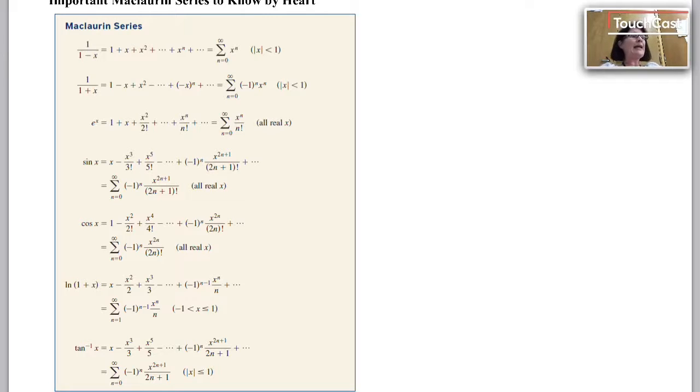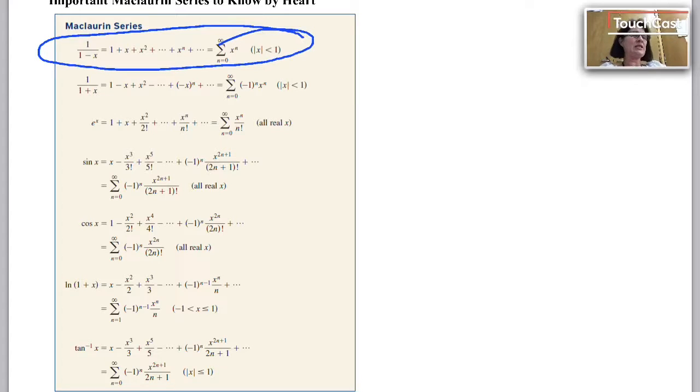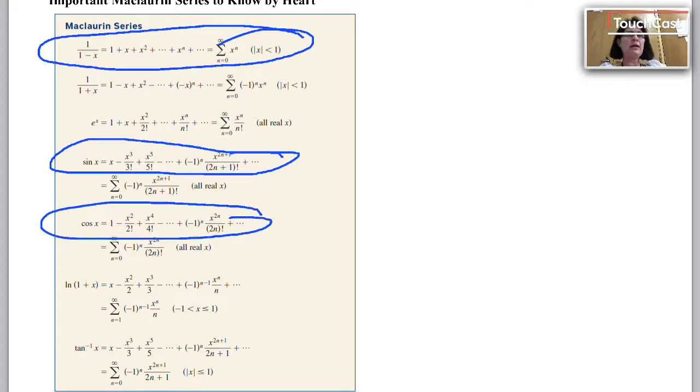Your life on the AP test will be easier if you remember some of these Taylor series by heart. This one I expect you already know by heart, and that's just the geometric series with r equal to x. Sine of x, cosine of x, and e to the x, those are the ones you really are going to want to know by heart.